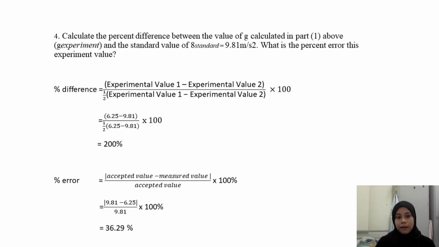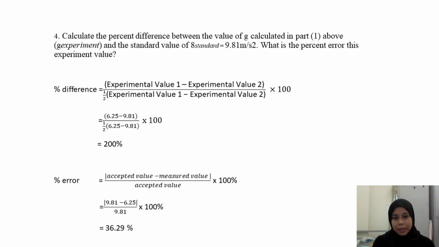The percent difference is calculated as experimental value 1 minus experimental value 2, divided by half of experimental value 1 plus experimental value 2, and multiplied by 100. So the calculation is going to be 6.25 minus 9.81 divided by half of 6.25 plus 9.81 and multiplied by 100, and the answer is going to be 200%.